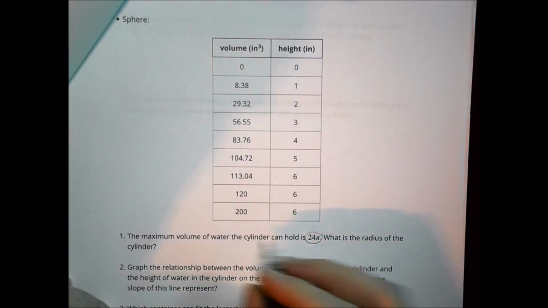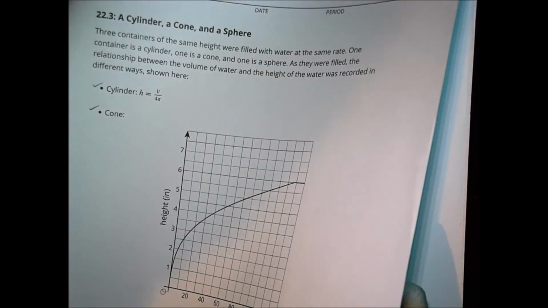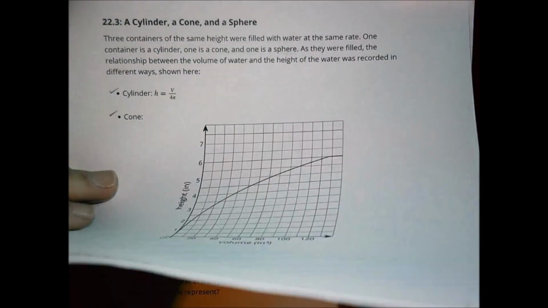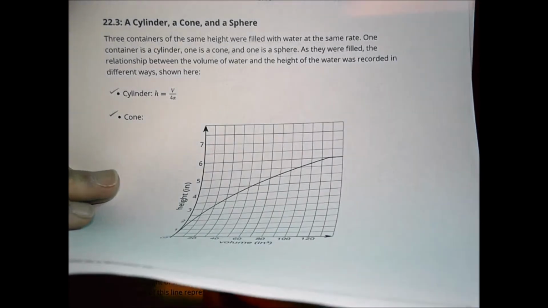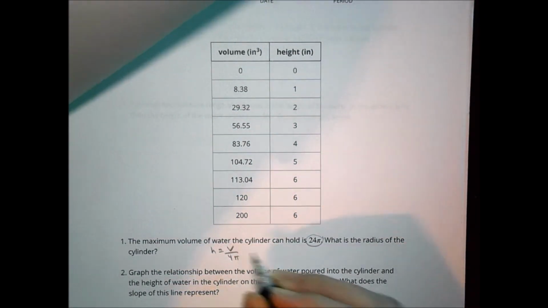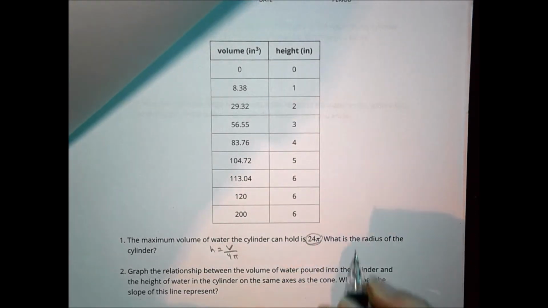So we know that since it can hold 24 pi, let me flip around a couple things here, sorry. For the cylinder, it told us here that the height equals volume over 4 pi. Okay, so our volume, it says the max is 24 pi.